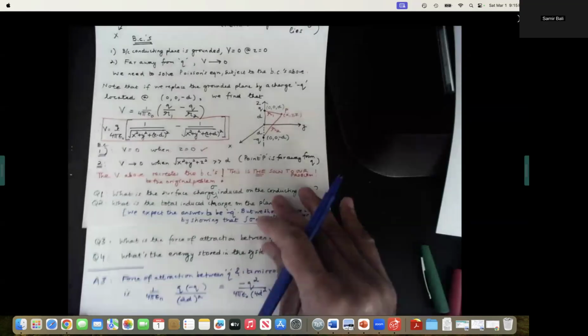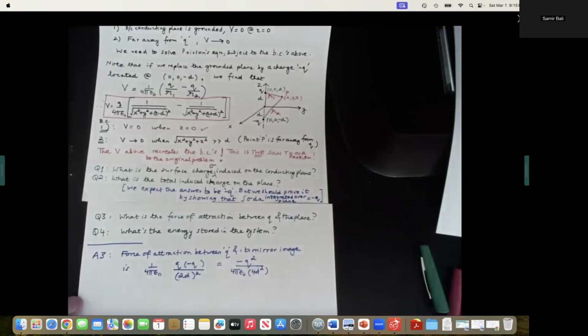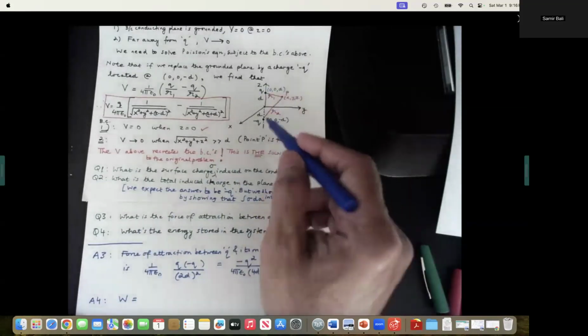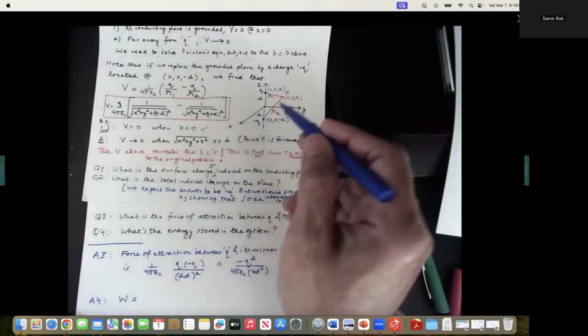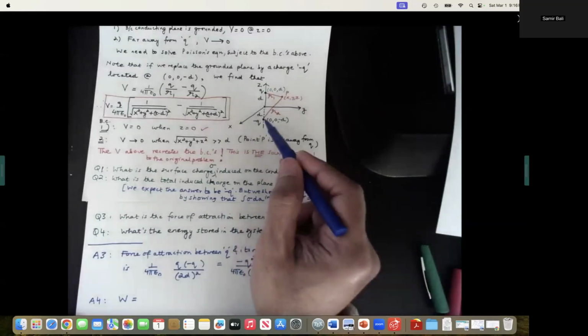One might also say, well, what about the energy stored in the system? And this is the only place where one has to be a little careful. The energy stored, you would say, is the work done. Let's say I bring in both these charges, Q and negative Q. So let's start with the minus Q wherever it is.